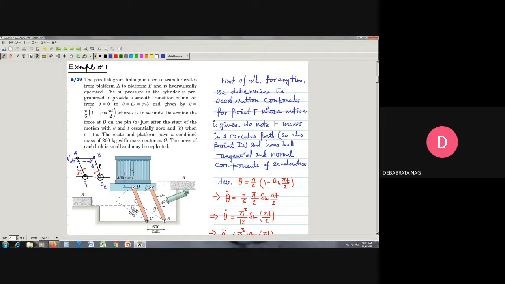So it is undergoing curvilinear translational motion, because here the individual trajectory of the particle A to the position A prime will be a circular arc. It means that the individual particle A is moving along a curved path.